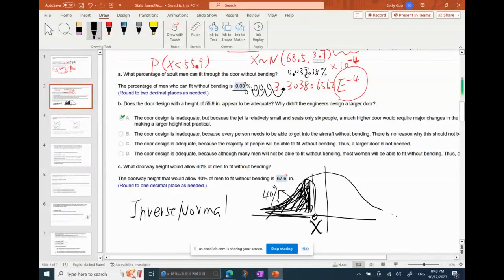Still men. Yeah, 68.5. Sigma 3.7. Paste. I got 67.56261573. Round to 1 decimal place as needed. 67.6.